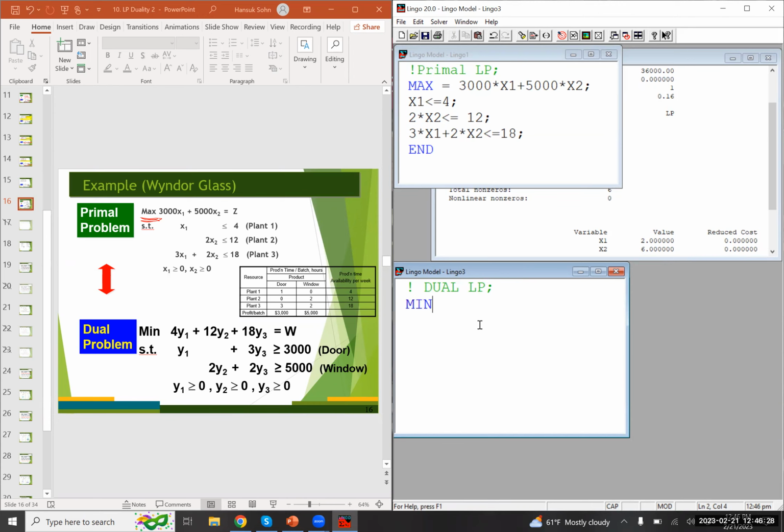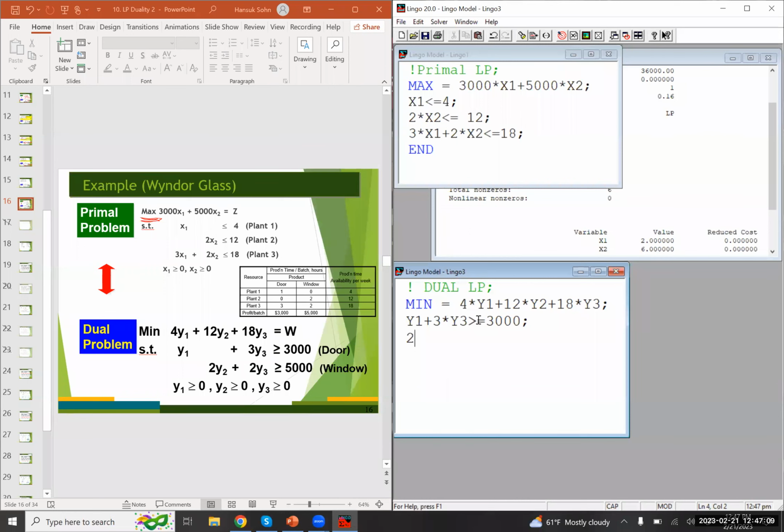Okay, that's going to be minimization problem equals 4 times y1 plus 12 times y2 plus, sorry, 18 times y3, right? And our first constraint, y1 plus 3 times y2, sorry, y3. It's greater than or equal to 3,000.